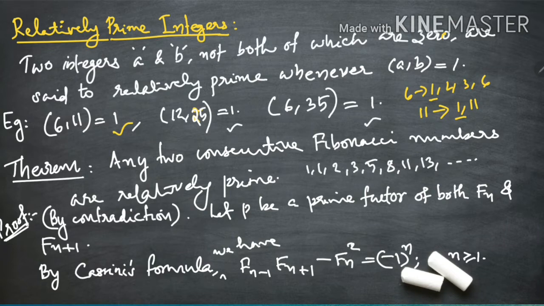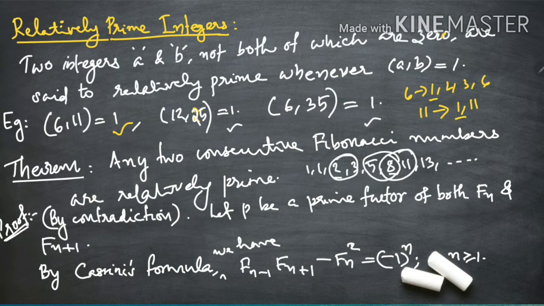Here 2 and 8 are not relatively prime, but any two consecutive numbers are relatively prime. Relatively prime means their GCD is 1. So we can observe that this is true, but we have to prove this.